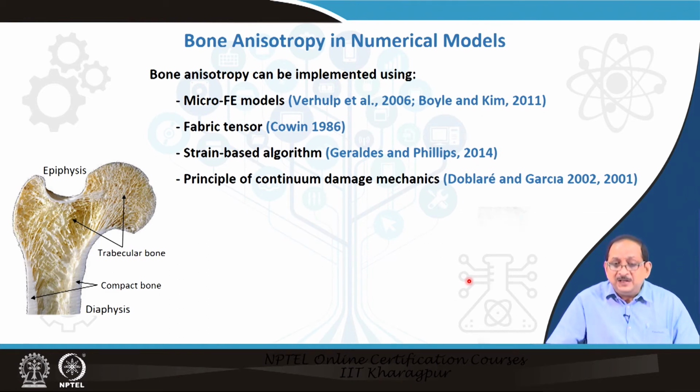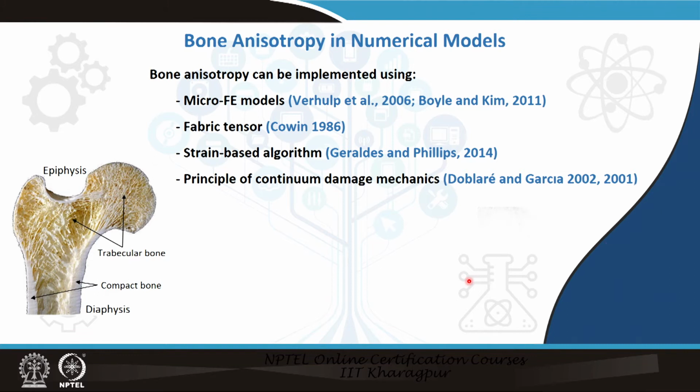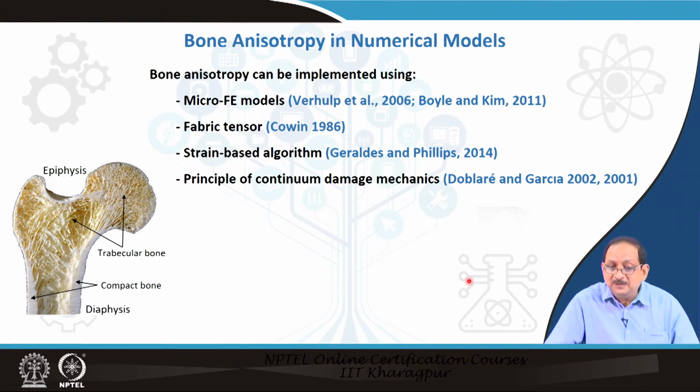Bone anisotropy in numerical models can be implemented using several techniques, which are presented in the following: micro-FE model, the fabric tensor method, the strain-based algorithm, and the principle of continuum damage mechanics.